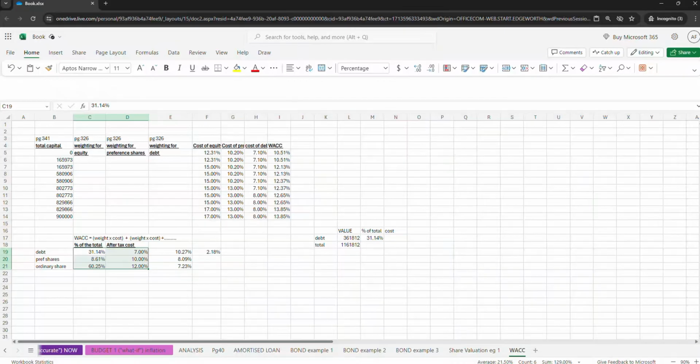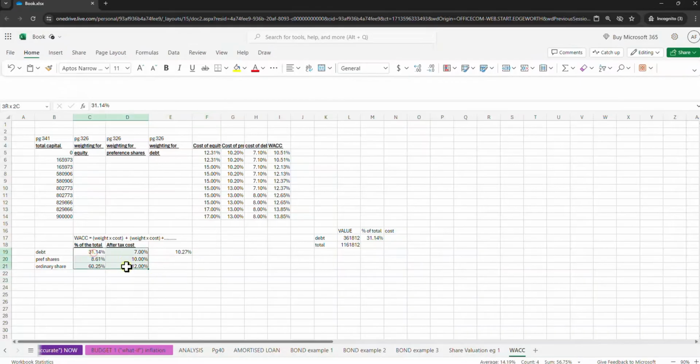We can calculate the WACC in cell F5 with the formula SUMPRODUCT E2 to E4, where E2 is the percentage, and F2 to F4. So this and that gives me the WACC, which was 10.27.